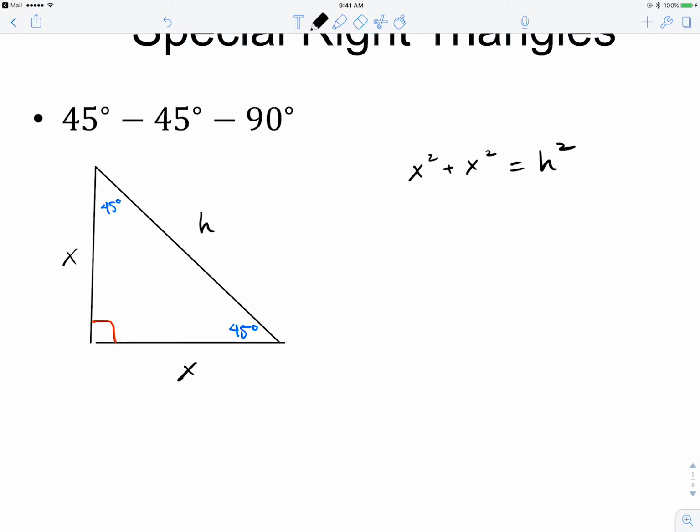So the left-hand side will become 2x squared. And then when we take the square root of each side to solve for h, again, we're dealing with a side length, so we can disregard the negative value, but we'll get root 2x.